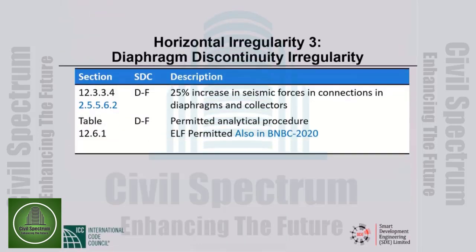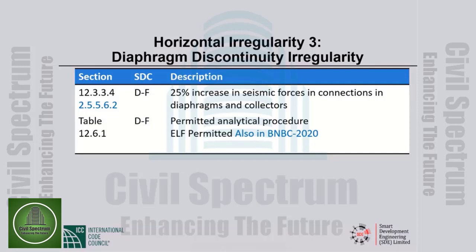In any case, so if you have a diaphragm discontinuity, this is type 3 horizontal, then the two requirements that are invoked are the 25% increase in seismic design forces and permitted analytical procedure. If you go there, there is really no restriction.